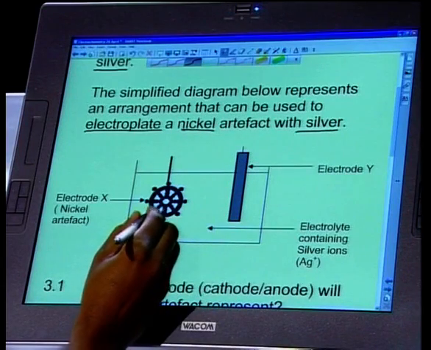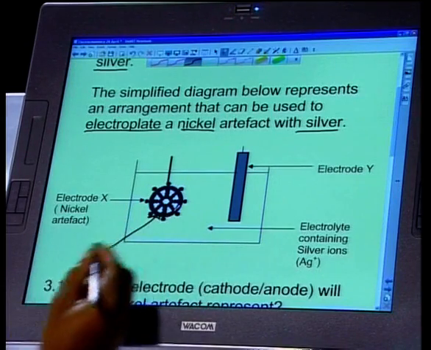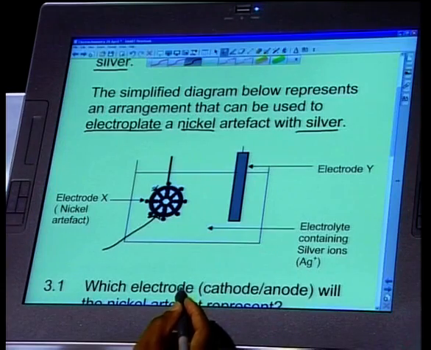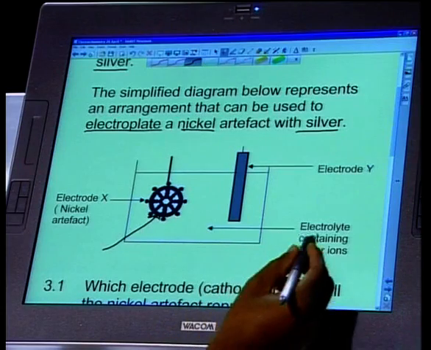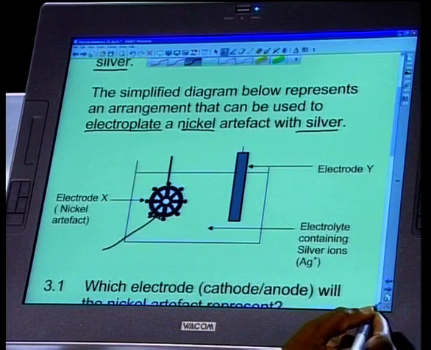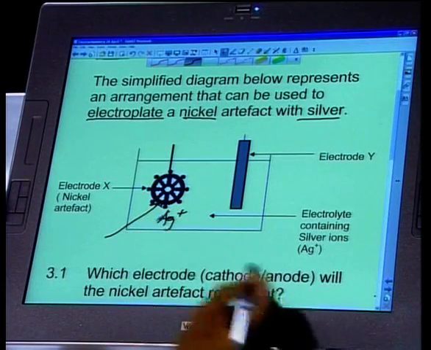So here is an artifact made of nickel. It should be electroplated with silver. There is electrode Y there. Electrolyte containing silver ions. So we have got Ag+ ions in this solution.